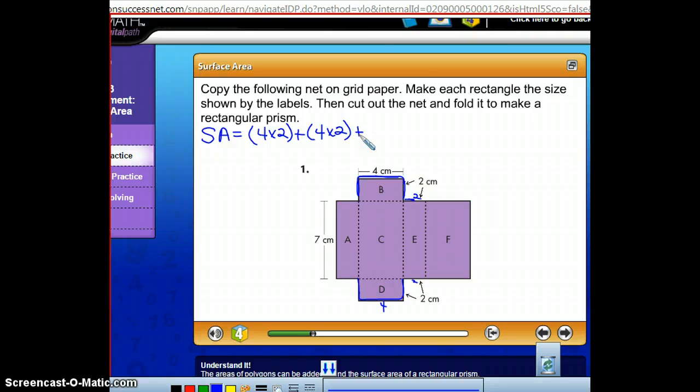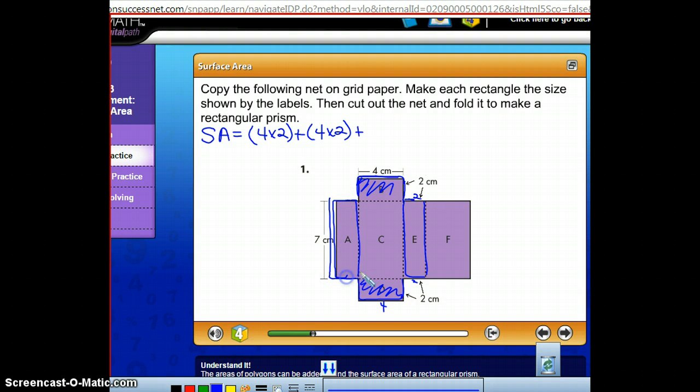Now I'm going to find 2 more sides that are congruent. Let's say A and E, they're congruent. I'm going to just shade in B. Now don't shade in your book, okay? Because we've done those, B and D. Now we're going to A and E. Length and width there? 2 and 7.